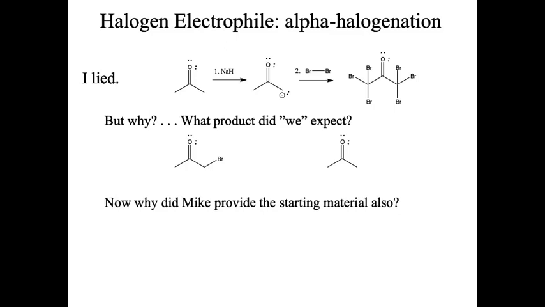The first product that we expect, the hydrogens connected, are actually more acidic than our starting material. Which means the instant I form the quote-unquote product, it reacts before our starting reactant reacted. Right? So we would have to be aware of that acid-base chemistry when we run the reaction.